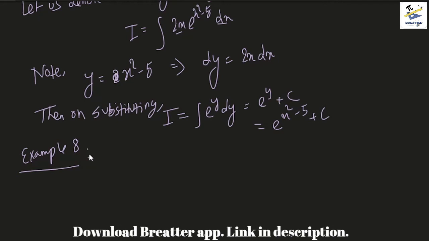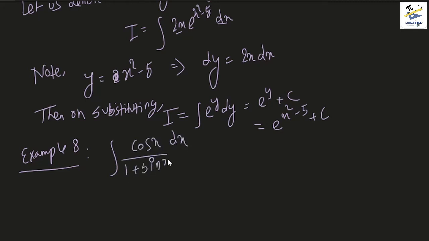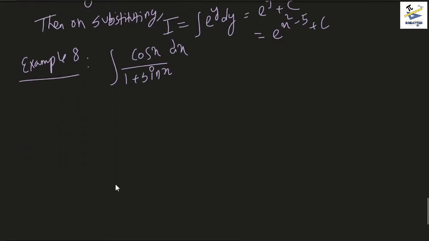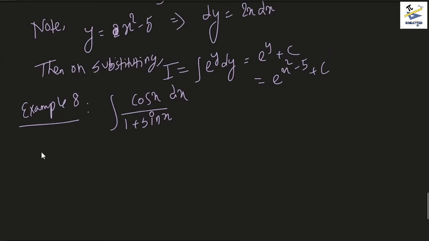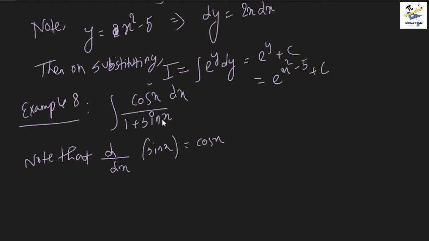example for this video. So let us do this problem where we have the integral of cosine of x dx by 1 plus sin x. So this one looks a bit more tedious than before, but note that d/dx of sin x is just cos x, right? So as we can see, cos x dx is present in the numerator and 1 plus sin x is in the denominator.